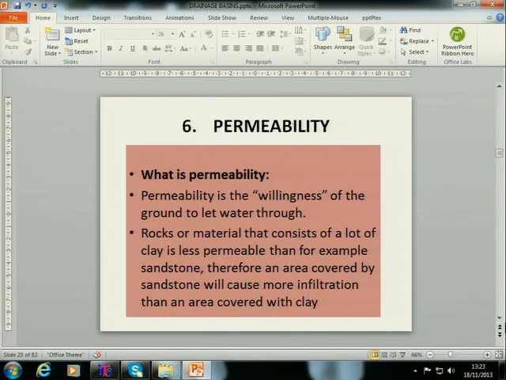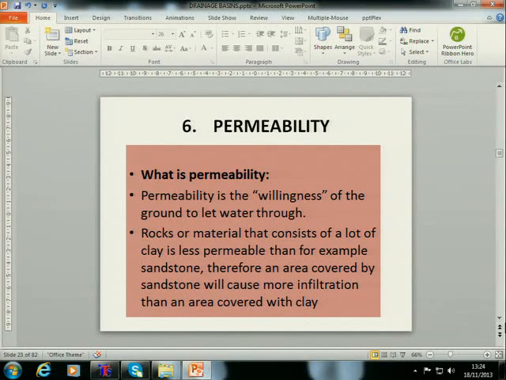The other one is permeability. Now, permeability is sometimes confused with porosity. Remember, porosity is air spaces. Now, permeability is the willingness of the ground to let the water through.